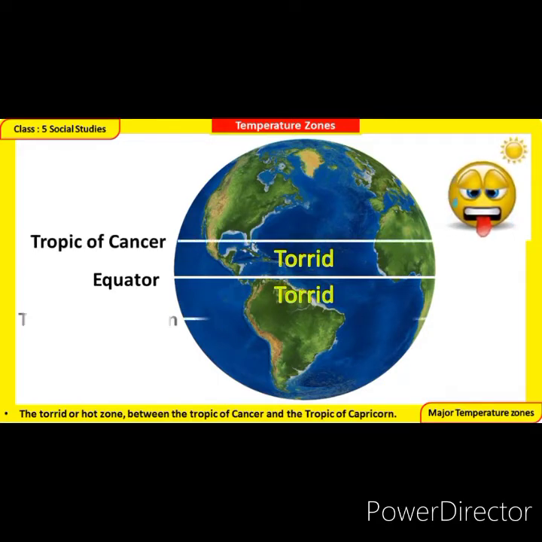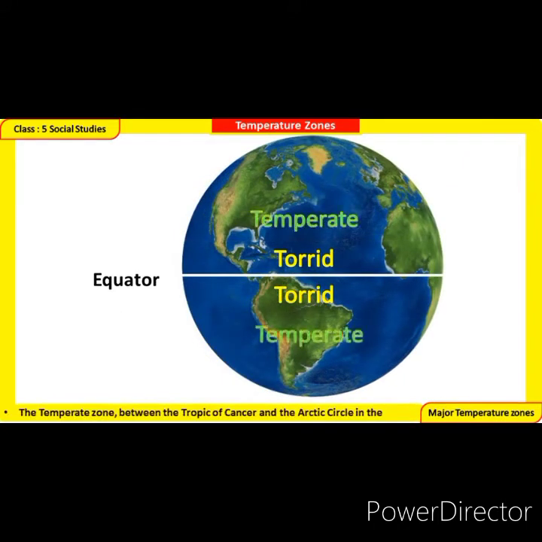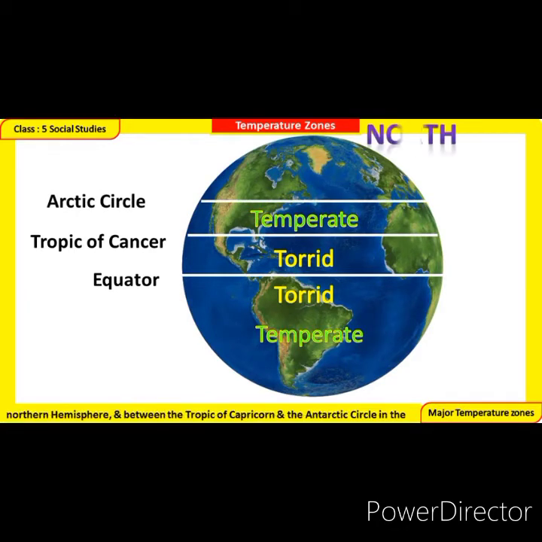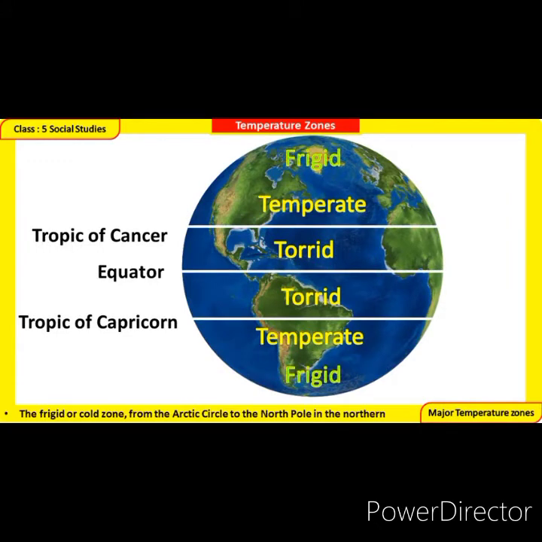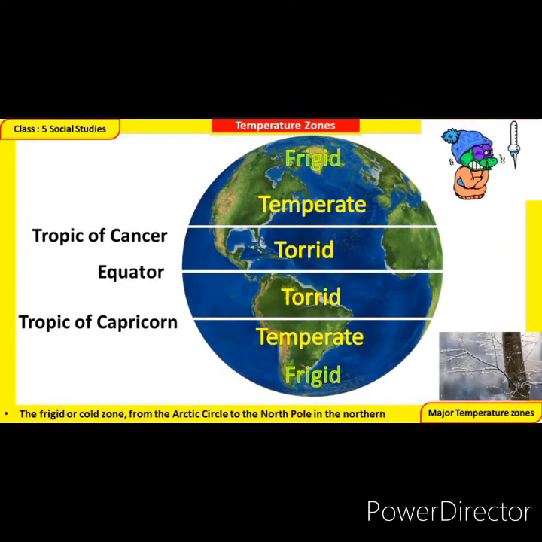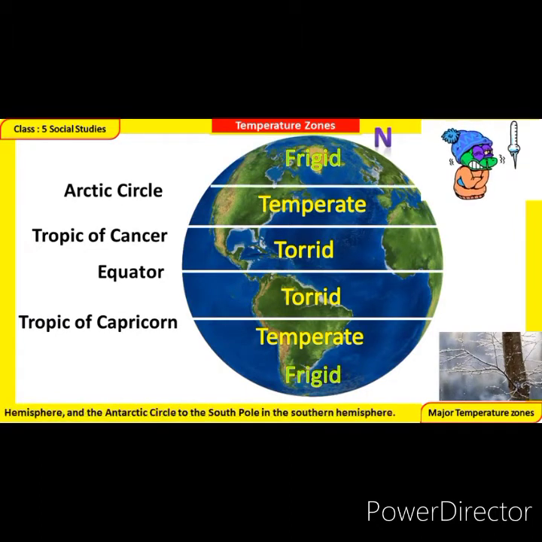Then the 3 temperature zones which I talked about are the torrid zone or the hot zone between the Tropic of Cancer and the Tropic of Capricorn. Then we have the temperate zone between the Tropic of Cancer and the Arctic Circle, which is in the northern hemisphere, and between the Tropic of Capricorn and the Antarctic Circle in the southern hemisphere.